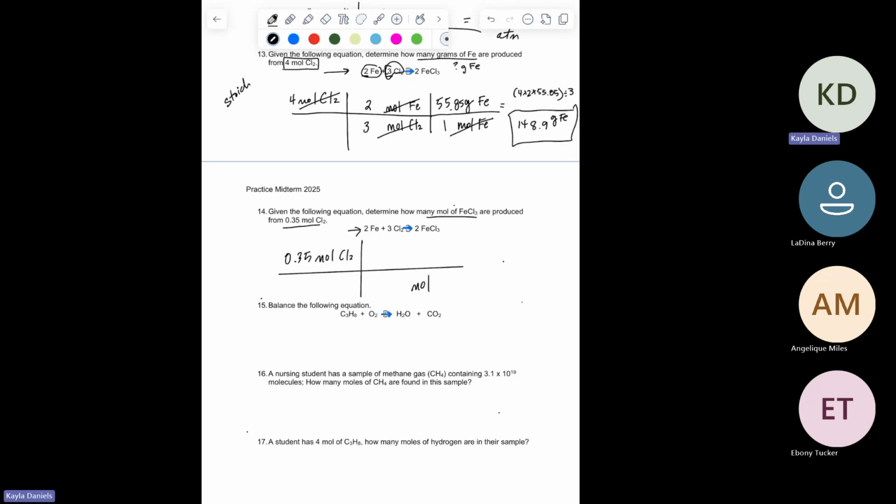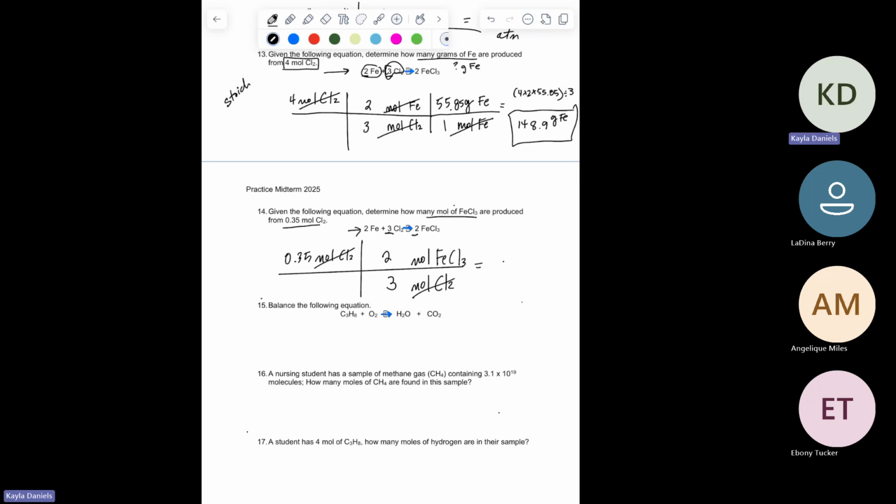Since I want to get out of moles of Cl2 and into moles of FeCl3, I'm going to put that on top. So I have 2 moles. Oh, no, wrong thing. I have 3 moles, because that's the coefficient for Cl2, and then 2 moles of FeCl3, because that's the coefficient for FeCl3.